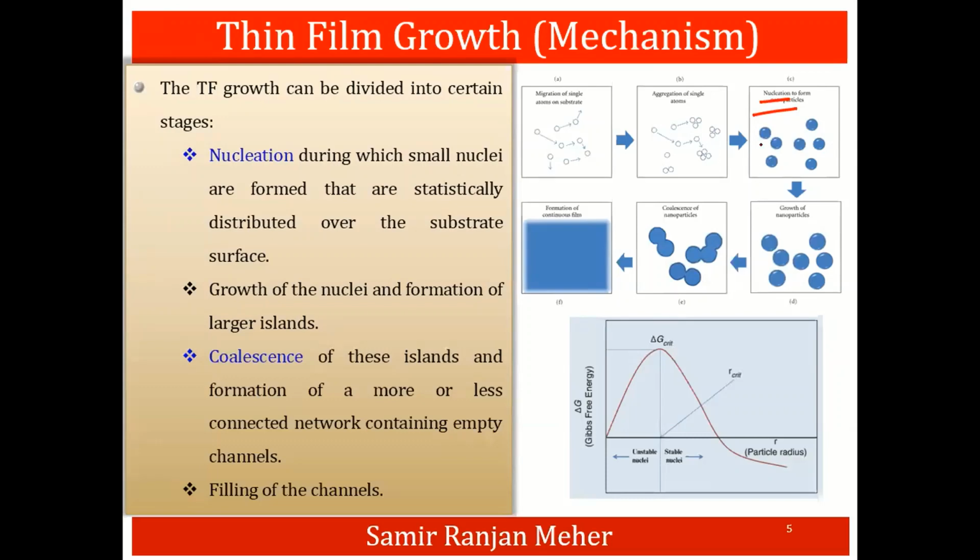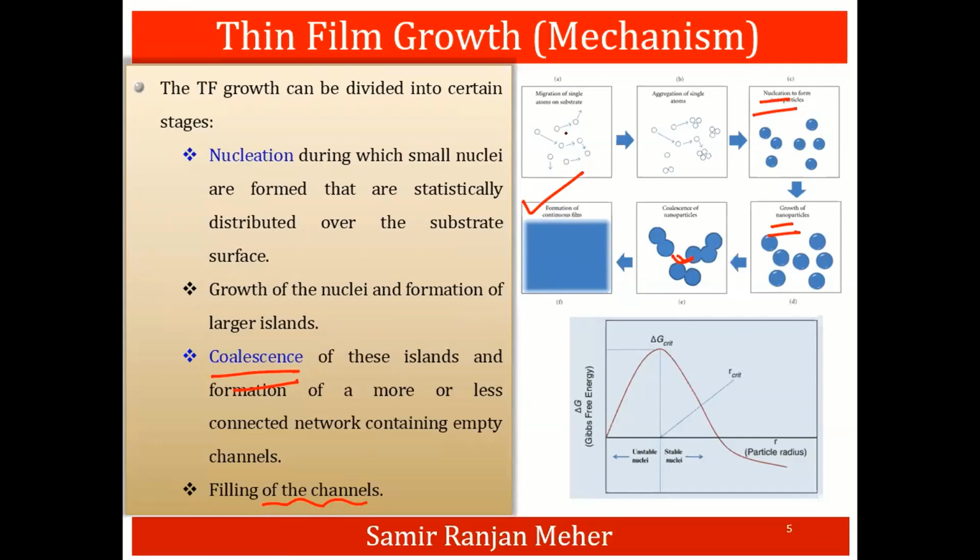Nucleation will start, and due to this nucleation, the size of the particles will slowly increase. First, we will have the nanoparticle growth, and then these nanoparticles will coalesce together to form bigger islands or bigger grains. And finally, the missing channels will be filled. That is what is called the filling of the channels, and ultimately it will result in a continuous formation of the film.